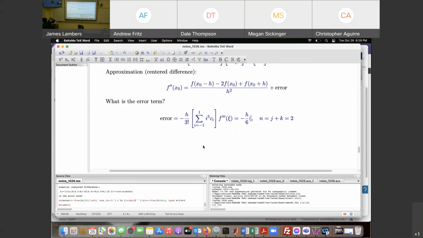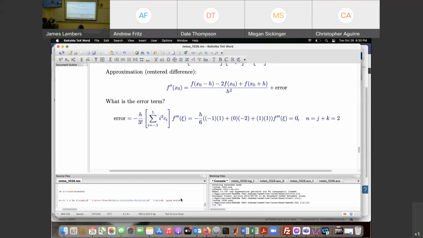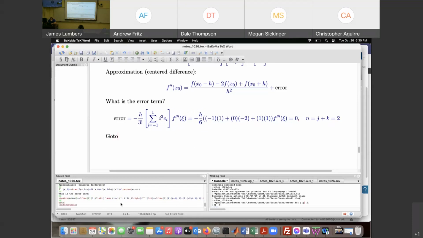And what I get is, so minus 1 cubed, that's minus 1, times c sub minus 1, which is 1, plus 0 cubed times minus 2, plus 1 cubed times 1. What happens here? 0. All right, that's the symmetry at work. So no problem. Go to the next row.